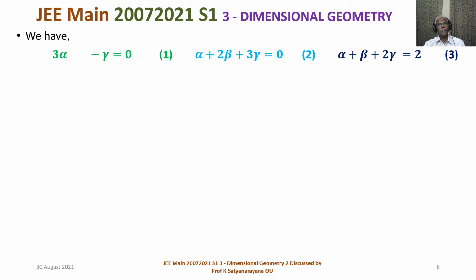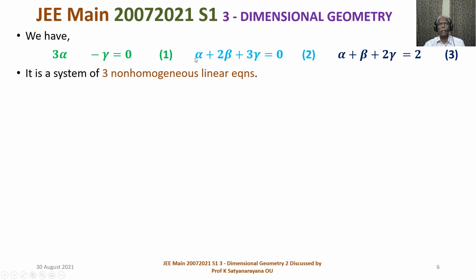So I will write the matrix of the non-homogeneous system. It is a system of three non-homogeneous linear equations. Agreed. So we will write the 3 by 3 matrix. In the first row, I take alpha plus beta plus 2 gamma is equal to 2. That means the first row I will take as 1, 1, 2 and 2.